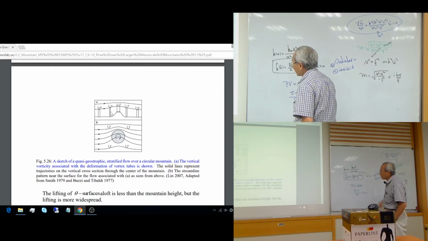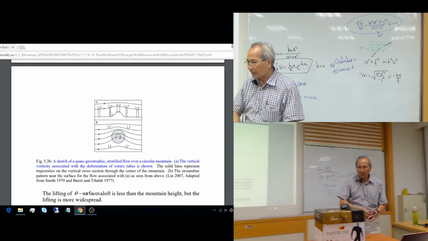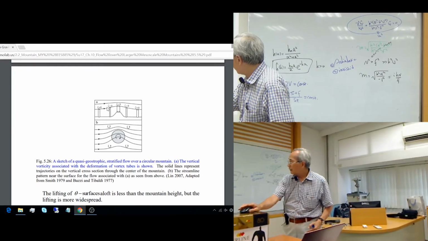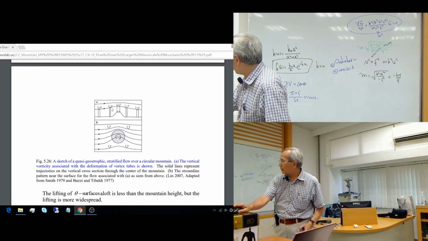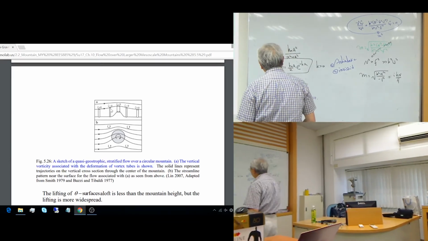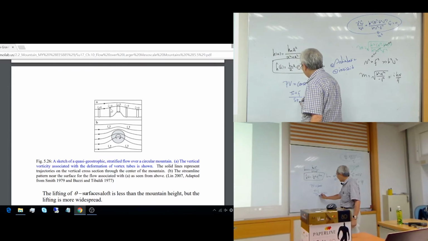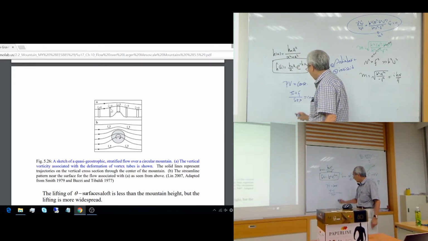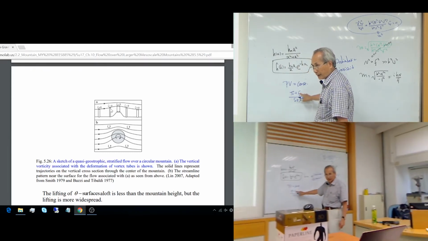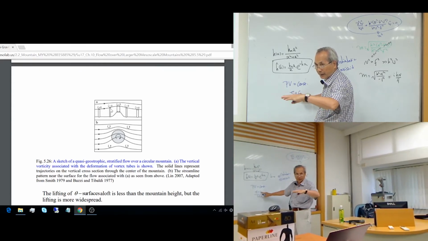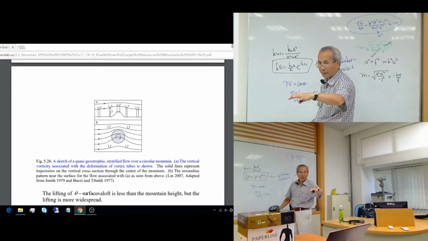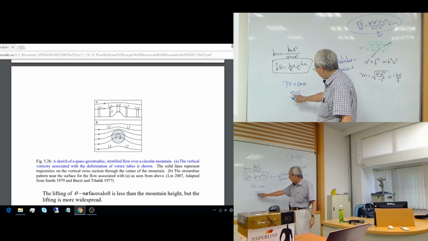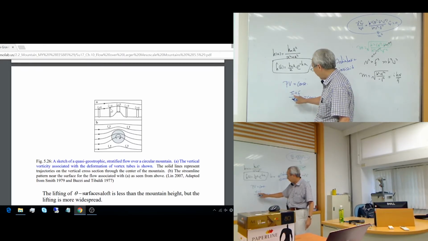Now when the flow comes in and we have stretching, that means this column is stretching, and assume f is constant because we are dealing with mesoscale flow. Then the only way to keep this constant is to have zeta increase.